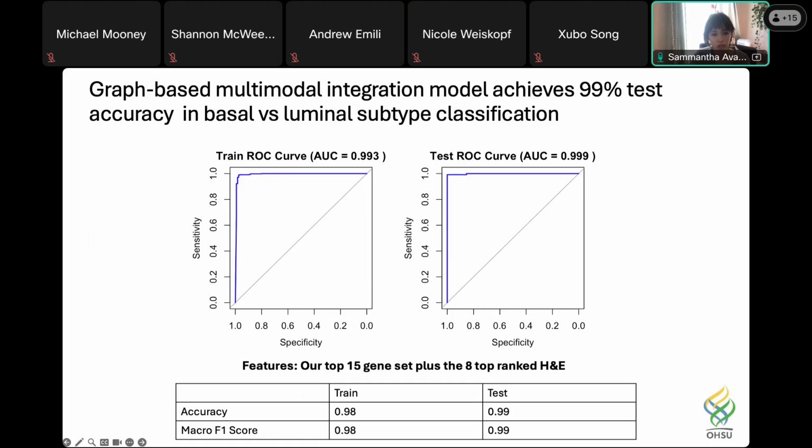Again, if we look at our graphs above, we can see that training and test achieved an AUC of 99%. And so what these results really show us is that we were able to identify a reduced imaging and RNA feature set that are most informative of basal and luminal classification.